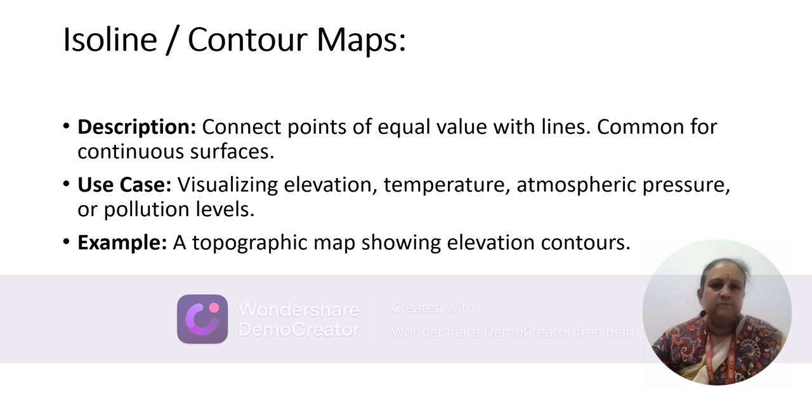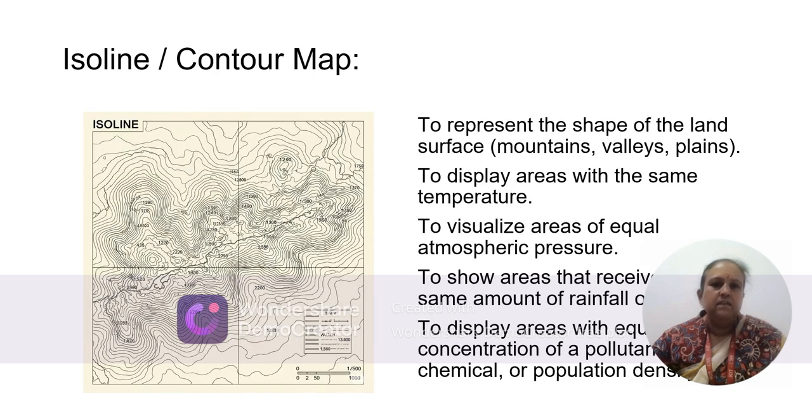A topographic map showing the elevation contour is an example of an isoline map. This map represents the shape of a land surface. It displays the areas with the same temperature or equal atmospheric pressure, the same amount of rainfall received, and the areas with equal concentration of population or a chemical, or population density.